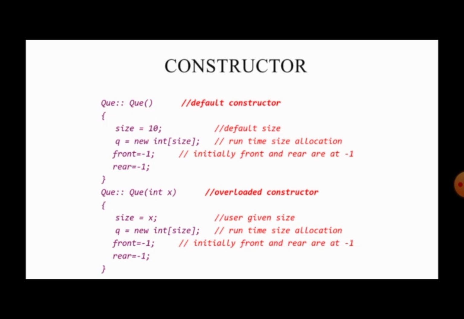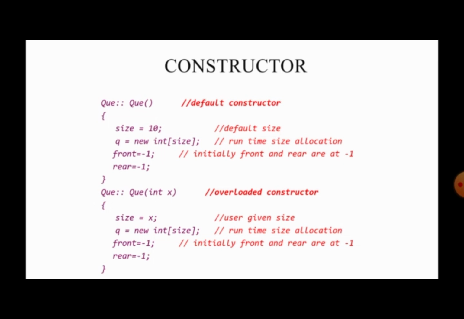Another one is the overloaded constructor. In an overloaded constructor, we are passing the argument x, and x is for the size of the queue. In the default constructor we assign the size ourselves, but if the user wants to change the size of the queue as per his requirement, he can pass the size argument in the constructor.